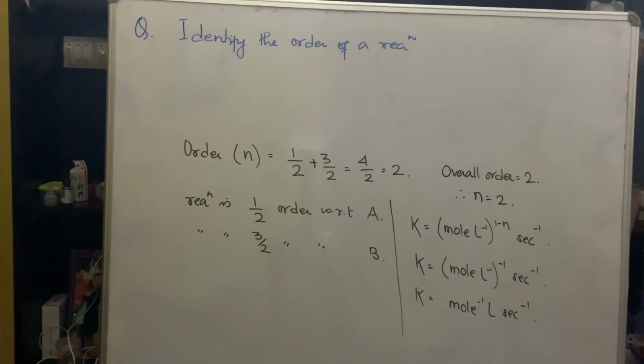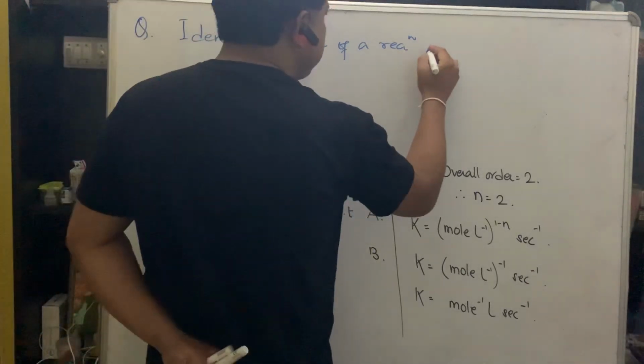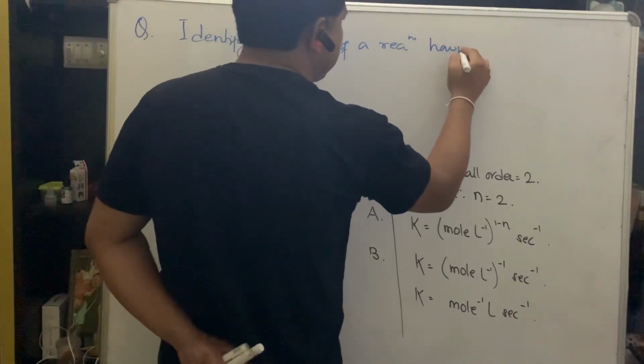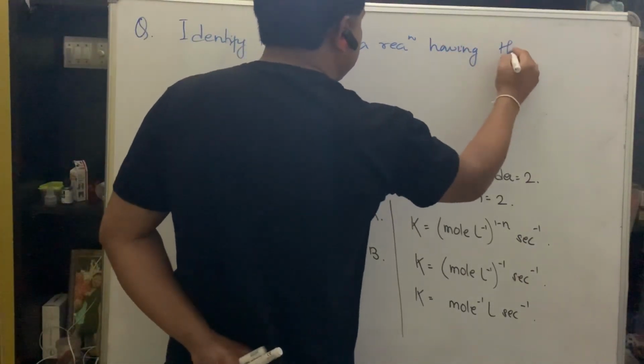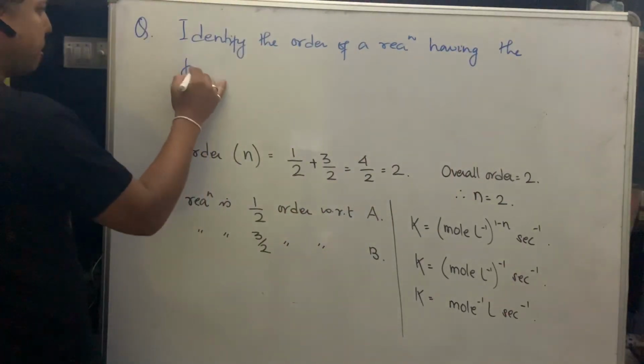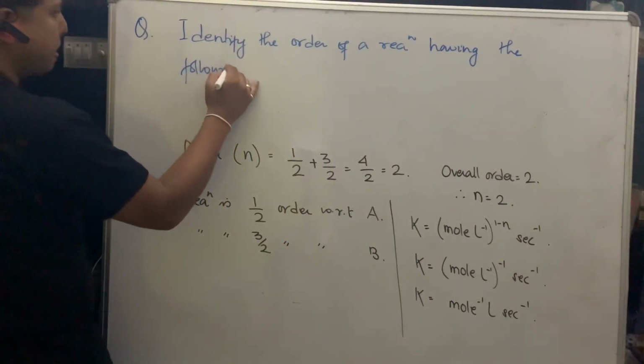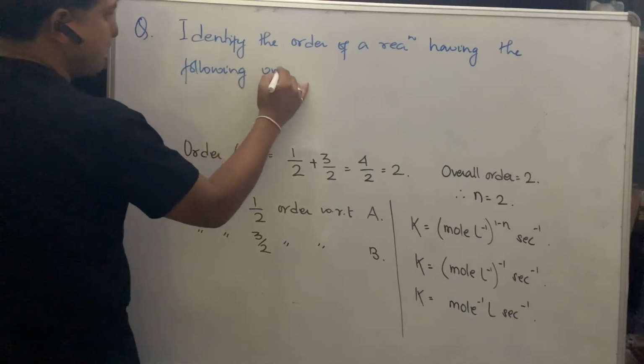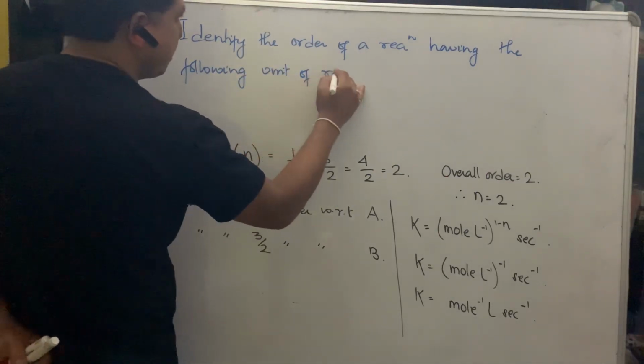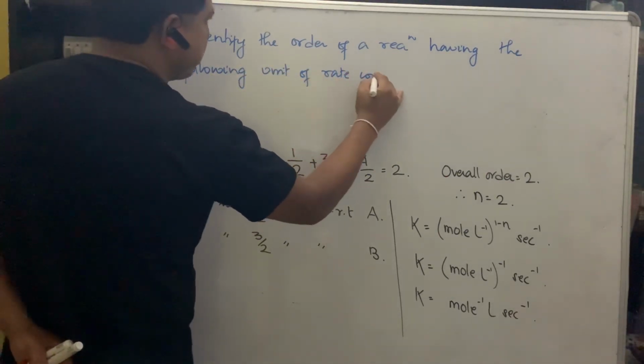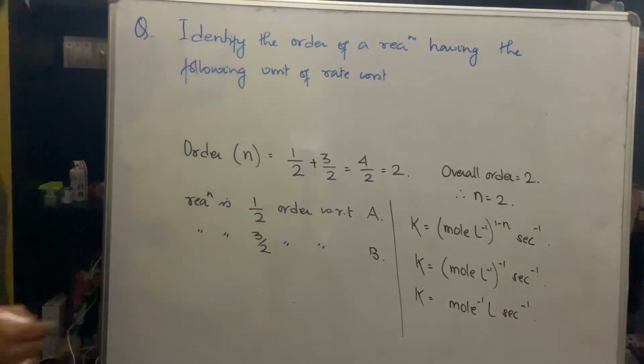Identify the order of a reaction which has the following unit of rate constant. What is the unit of rate constant given?